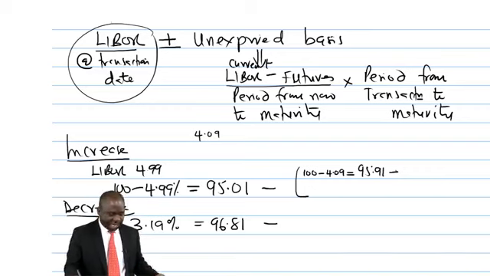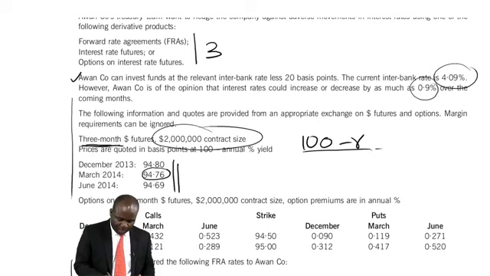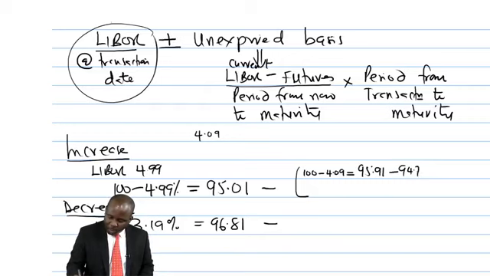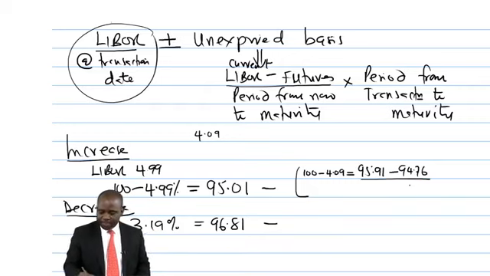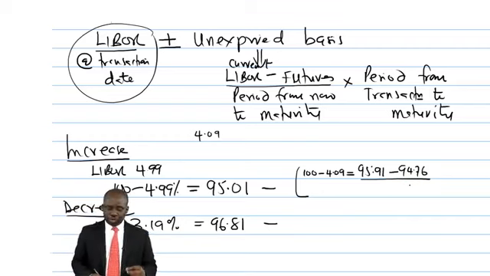And the futures price that we pick, the March contract, is supposed to be given as 94.76. So I come back, 94.76 divided by the period from now up to maturity.